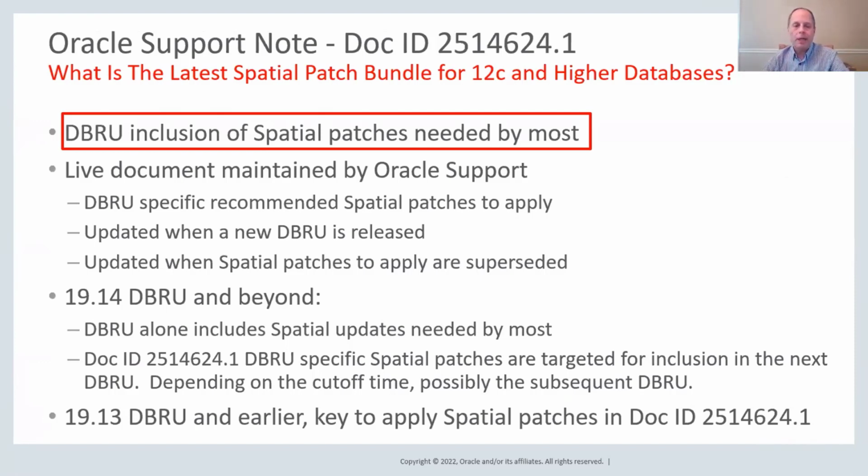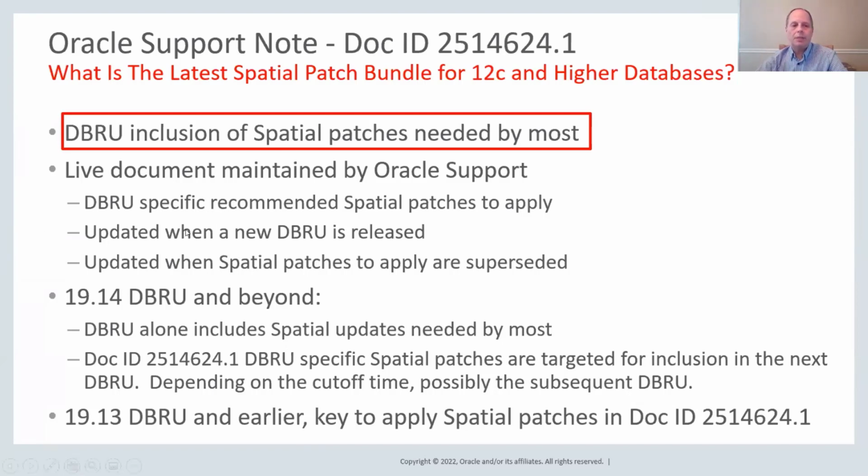And that's the goal. And that's where we are now. With 19.14 and beyond, when you apply a DBRU alone, it includes spatial updates needed by most. But for releases prior to 19.14, it's very key that you apply the spatial patch set described in this document.